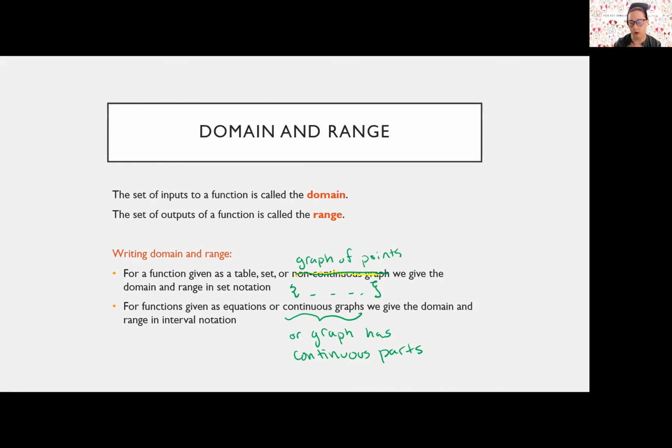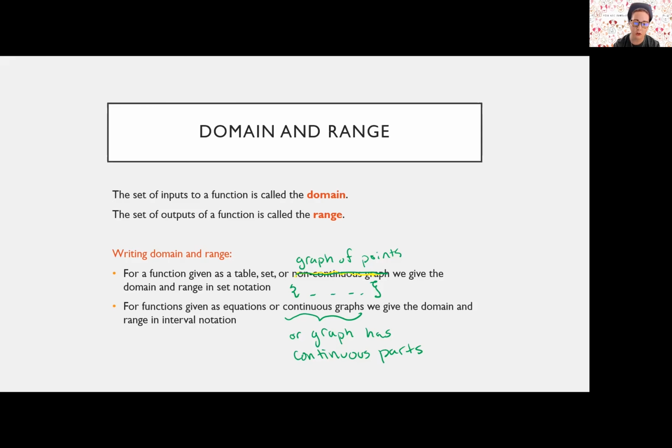So for those types of things, equations, graphs, or things that are continuous, you have to give your domain and range in interval notation. Interval notation is where you're using parentheses and brackets. Parentheses indicate that the endpoints are not included, like if you have an open circle on a graph, and brackets indicate that it is included.